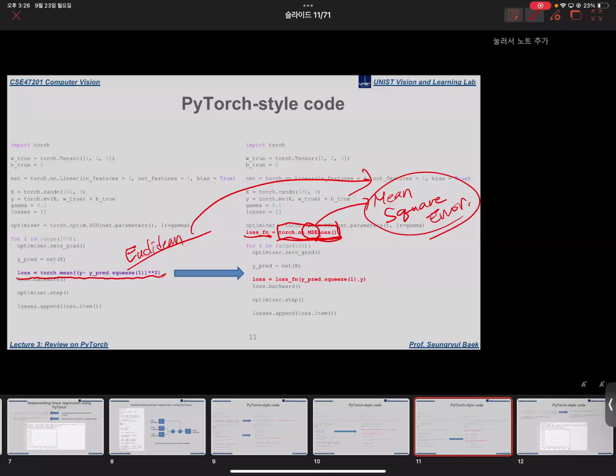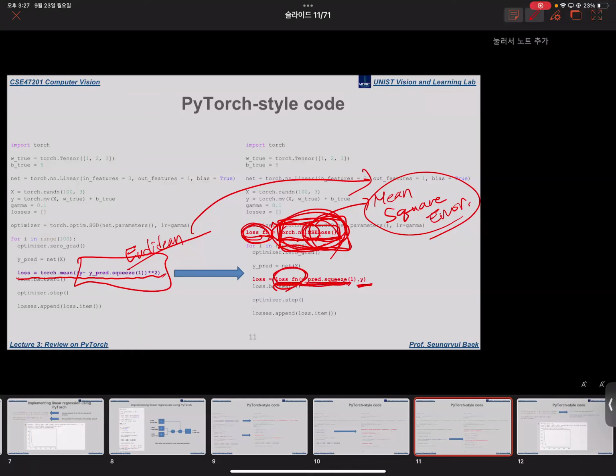So this loss function is already defined, or you can change it to another loss by replacing this function. Anyway, you have to define a loss, and rather than specifying the detailed operation for calculating the loss, you can just specify the mean square error loss because it's very popular already.